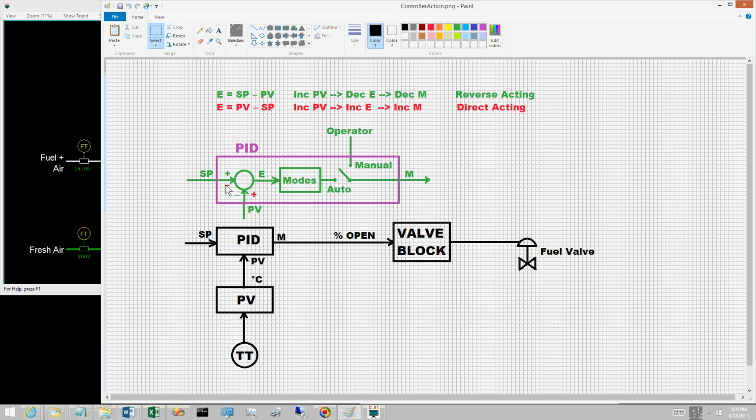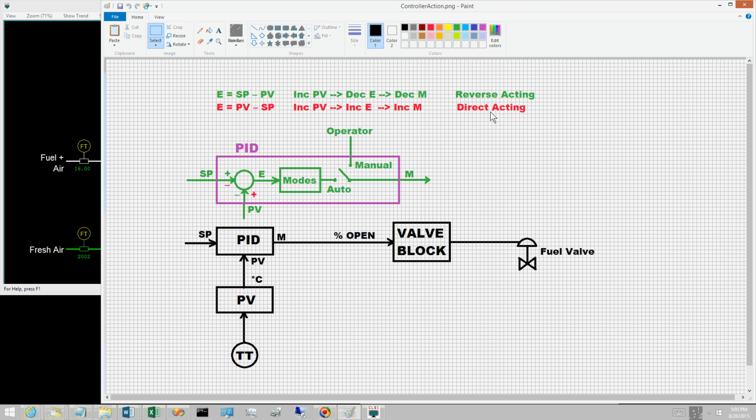The control error E is PV minus set point. When E is defined in this manner, an increase in the PV causes the control error E to increase, which causes the PID control logic to increase the controller output M. The controller is direct acting.